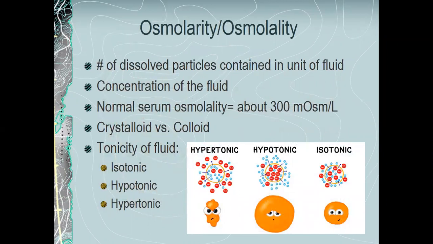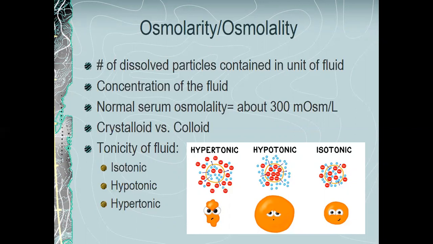So let's talk about all those different types of fluids and why we use different ones. When we talk about osmolarity or osmolality, we're talking about the percentage or the number of dissolved particles contained in that unit of fluid. The difference in osmolality and osmolarity is really going to be the unit we're using.